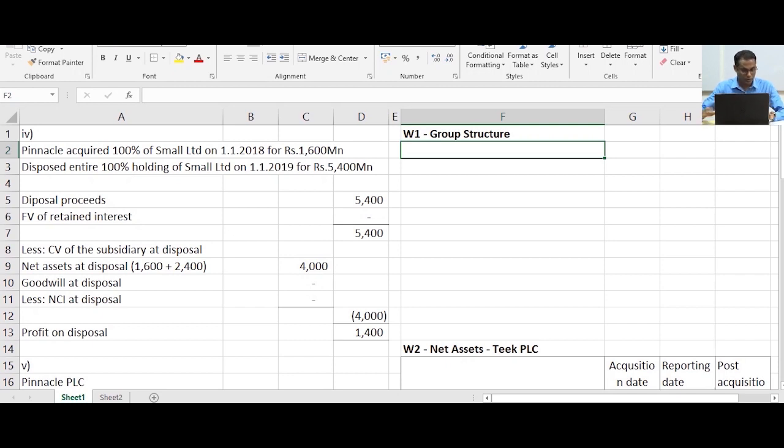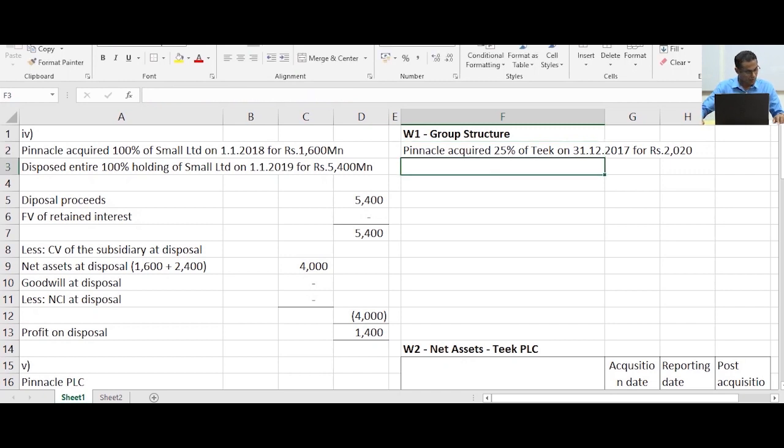So this is about the group structure. Pinnacle acquired 25% of Teak on 31st December 2017 for rupees 2,020 million.